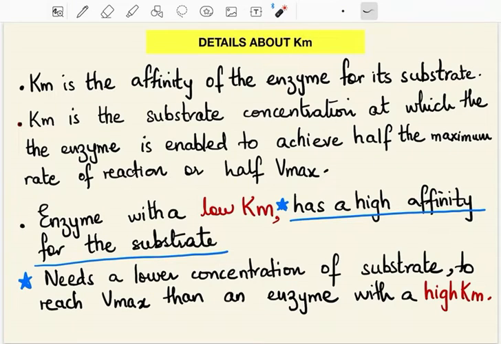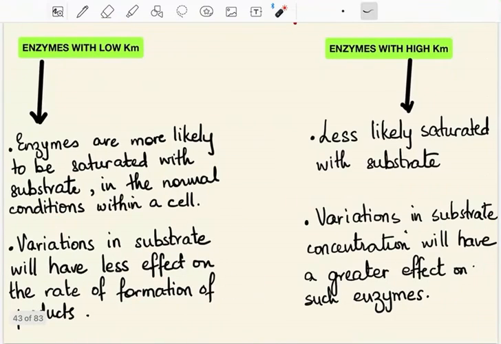It's just that it needs a higher substrate concentration, and in case of carbonic anhydrase the substrate is CO2. As soon as the CO2 starts accumulating inside tissue cells, this enzyme becomes very active and it can remove 600,000 molecules of CO2 in a second, but it has a high Km. Okay?